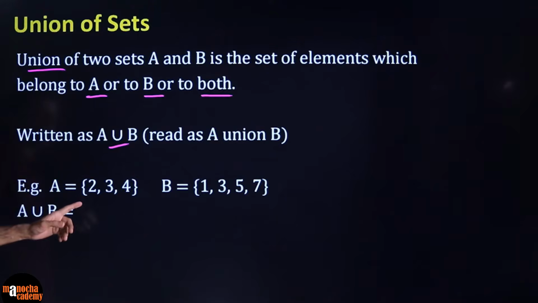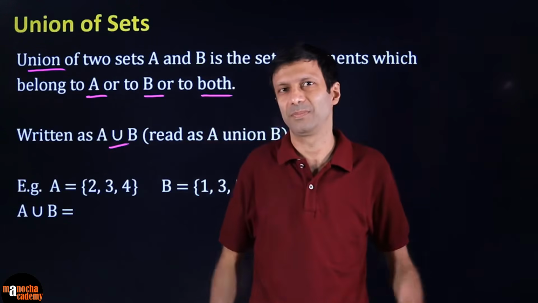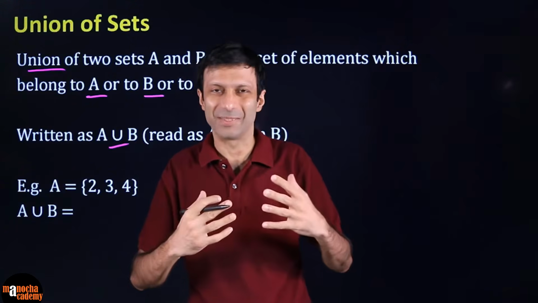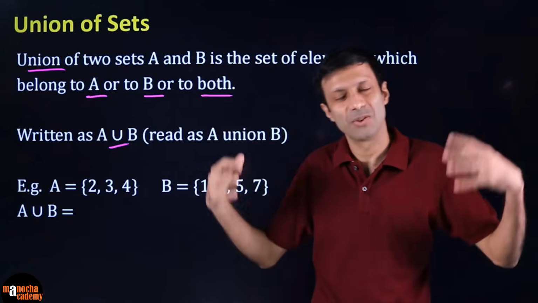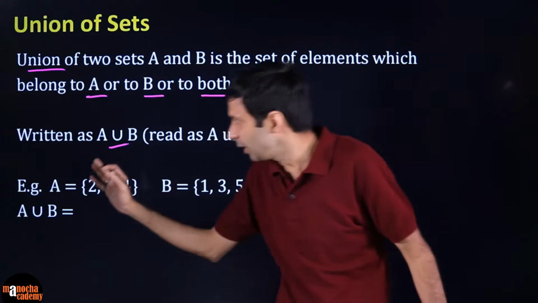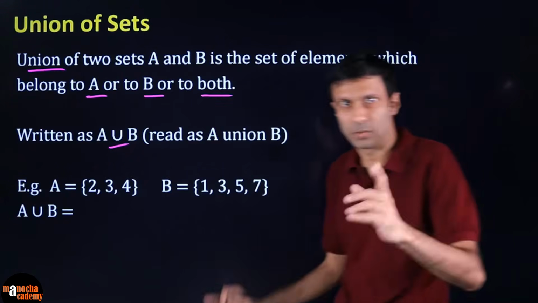When we are talking about union, union means basically taking everything, right? Like we say a friends' reunion, everybody is invited. Or your school reunion, all your school friends are invited. In the same way, here you have to take all the elements of A or B or which belong to both. So let's do that.